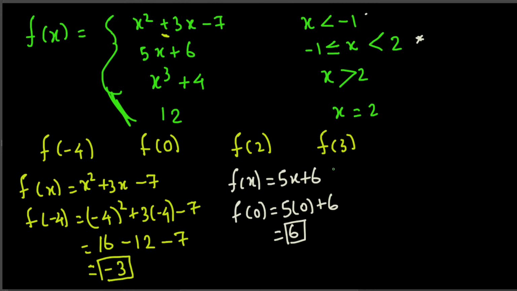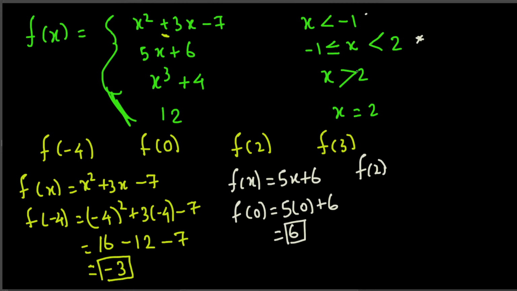And let's look at the third one, that is f of 2. Again, we have to ask the question, is 2 less than negative 1? Is 2 in between negative 1 and 2? Here they say x is less than 2, it's not less than or equal to 2.